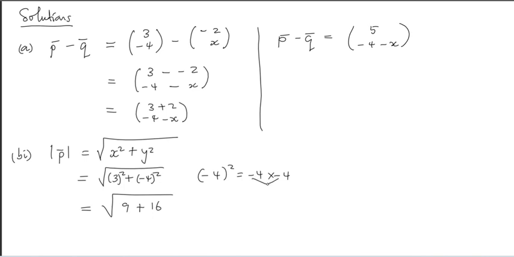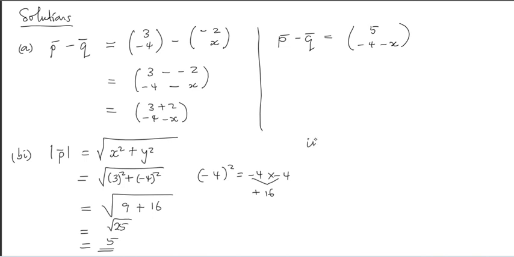Remember, negative and negative will give you a plus when you're multiplying. Then 4 times 4 is 16. So this means we have the square root of 25, and the square root of 25 we know is going to be 5. So that's how you find the magnitude of P in this case.